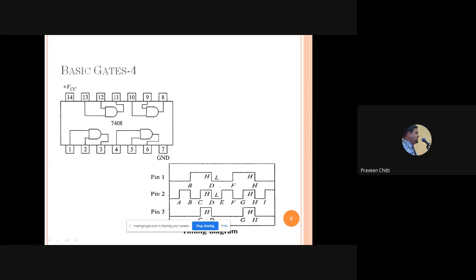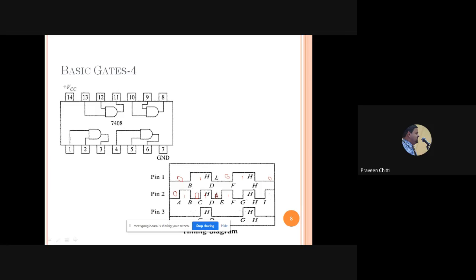Before that, you can see here a timing diagram is shown. One random square wave is taken like this, wherein this is 0, this is 1, 0, 1, 0. This is one input. Then here this is 0, 1, 0, 1, 0, 1, and so on.